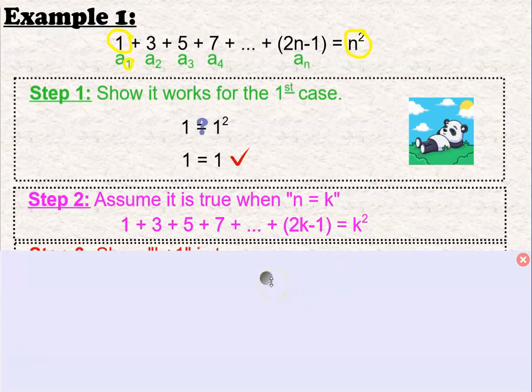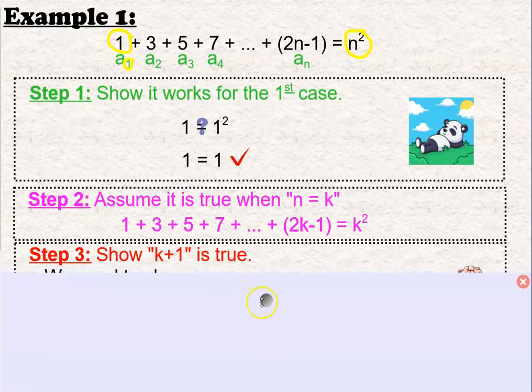And then we get to step 3. We have to show that if we assume that n equals k, if we assume this statement in hot pink is true, the very next term, the k plus 1 term, also is true. Now, let me rephrase that.